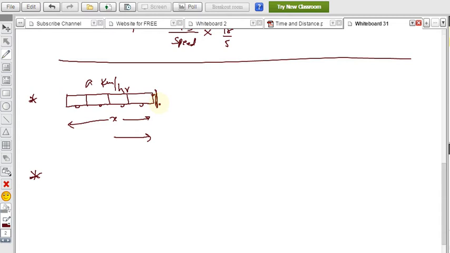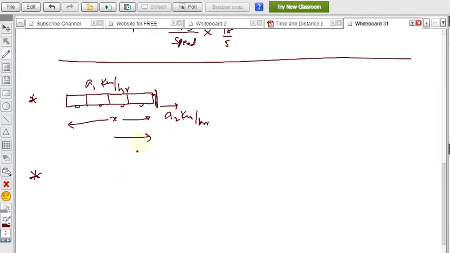So one more object is here, also moving with a2 km per hour.